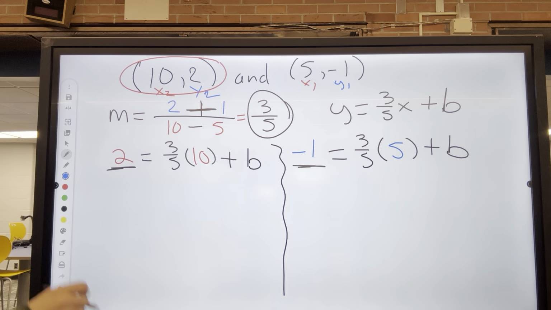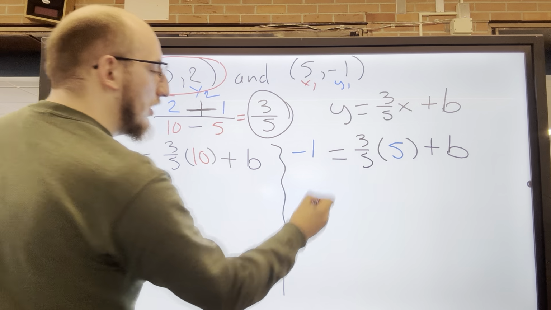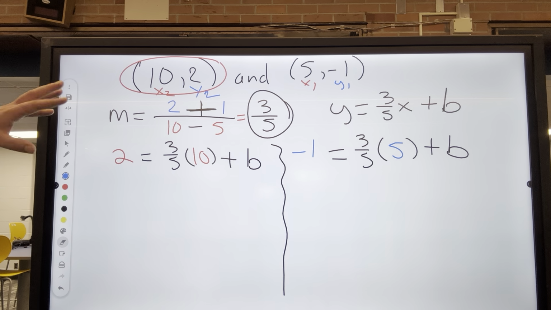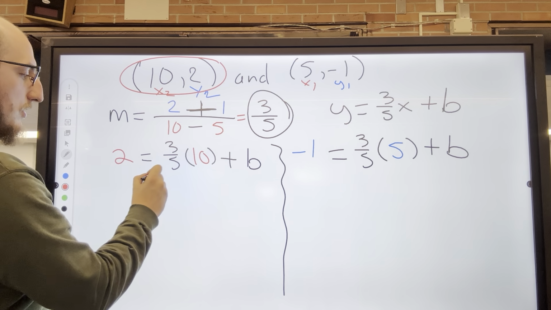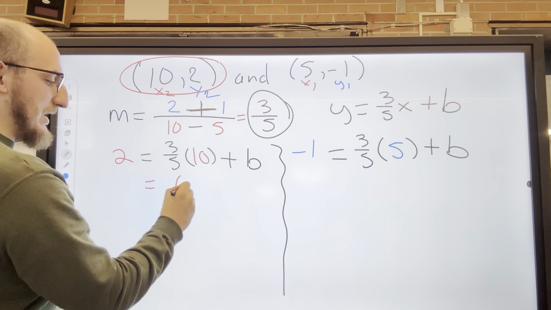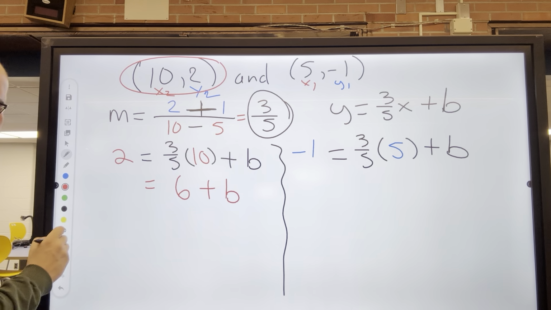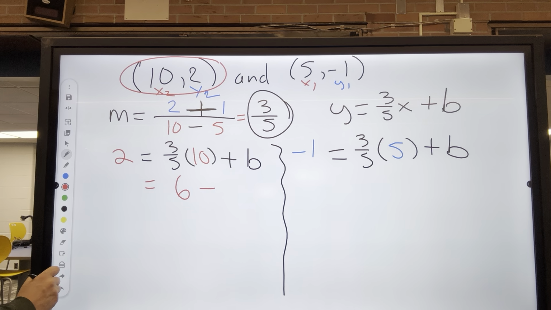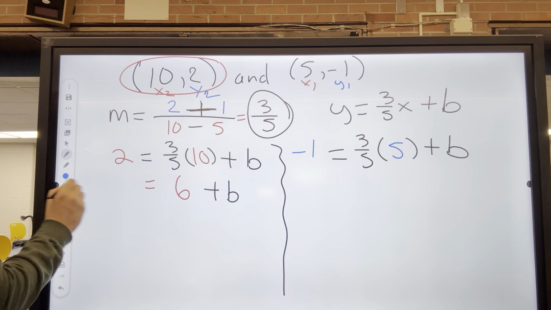And let me erase those lines right underneath. Okay? Now, I'm going to solve the left problem and then the right problem. When I solve this left problem, I got to equate this right here. 3/5 of 10 is going to be 6 if you plug in a calculator or use your noggins, either way. Plus b. And I'll drop down this 2.